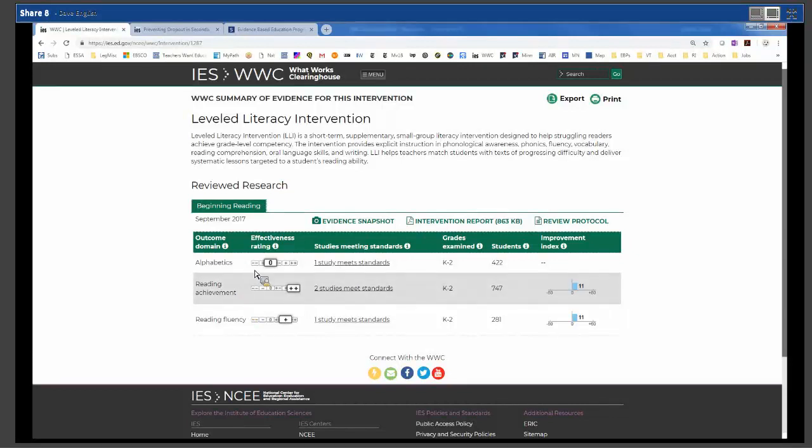The second row describes the relationship between the intervention and the reading achievement outcome, right? So you have different outcomes, and you have the effectiveness rating, which describes the statistical significance between the practice and the outcome. Specifically, it describes both criteria 3 and criteria 4, right?